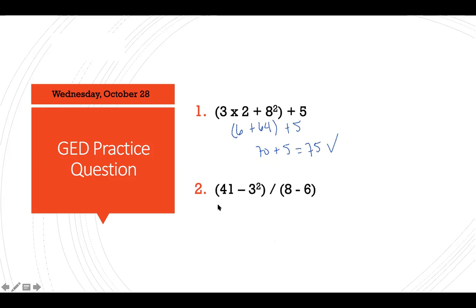What about number 2? I have 41 minus 3 squared divided by 8 minus 6. So we have 41 minus, what's 3 squared? 9, Mr. G. Oh, how did I get 6?